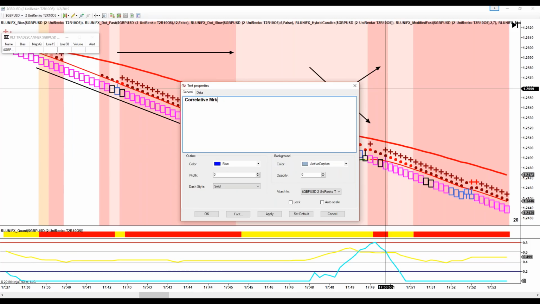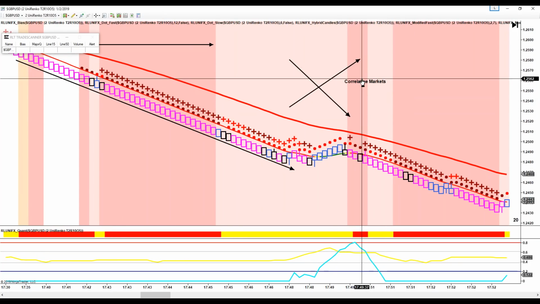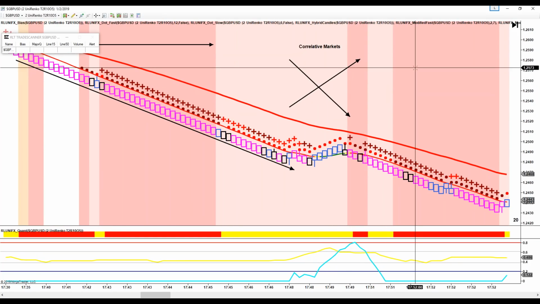So not only does the program do an assessment of multiple time frames, it does an assessment of multiple markets on multiple time frames. Because what we're doing is making an assessment of money flow.